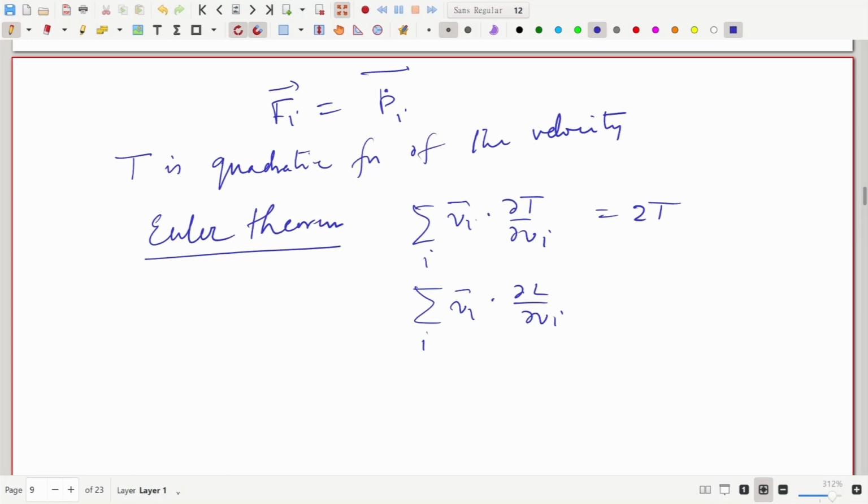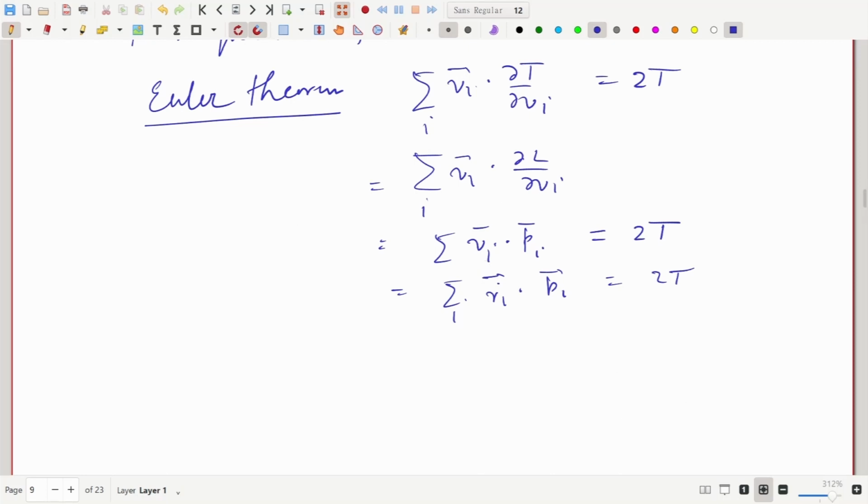So, this will be further equal to the sum over i of vi dot pi, and this will be equal to your 2T. So, let me write the sum over i of ri dot dotted with pi, this is your 2T.